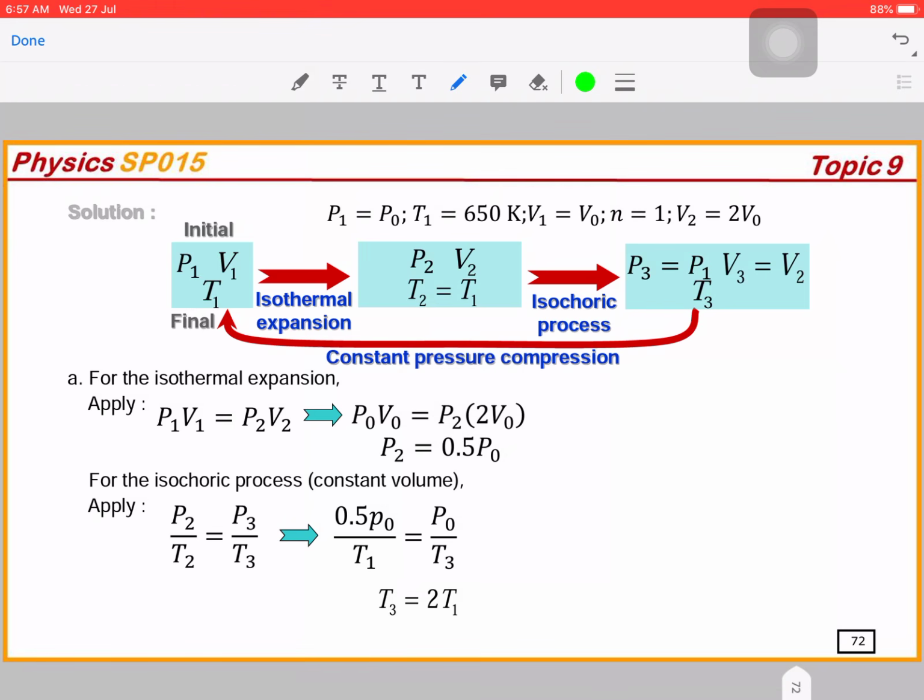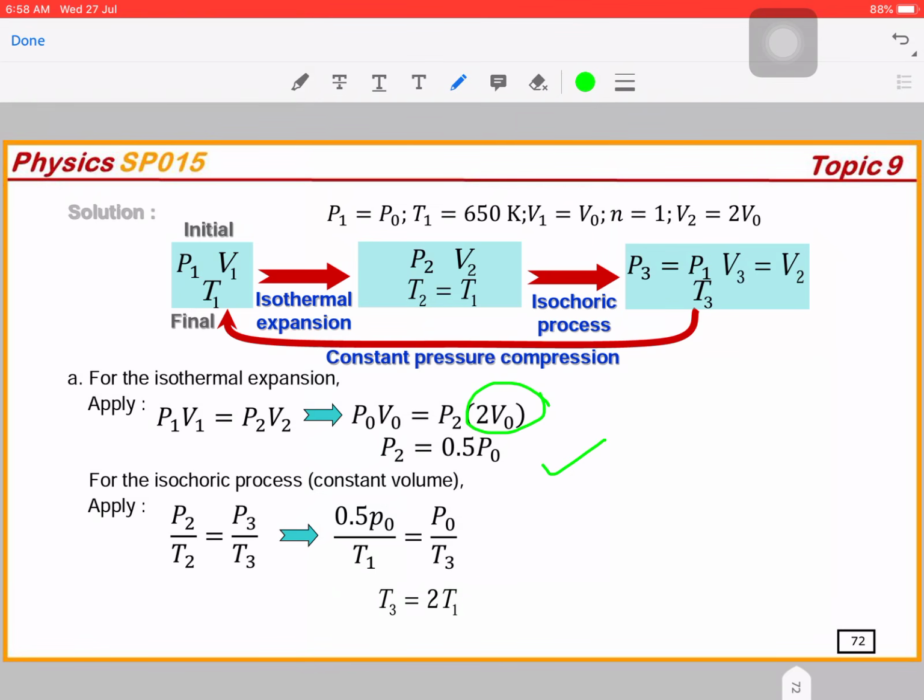So for the isothermal expansion, P1 V1 is equal to P2 V2. So PO VO is equal to P2 times 2VO. This was in the question earlier, they said double. So P2 is 0.5 PO.